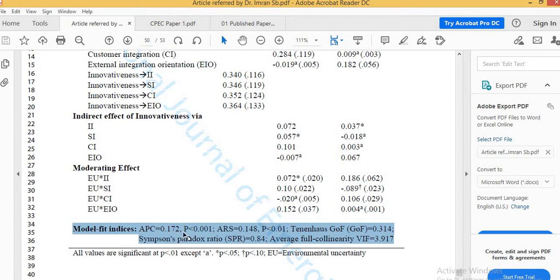You need to please also listen to our previous lecture on what the model fitness is. So here is the way that a researcher needs to report the values of APC, ARS, GOF, SR, SPR and VIF. If these values come under the threshold values, then it means that the model is fit.